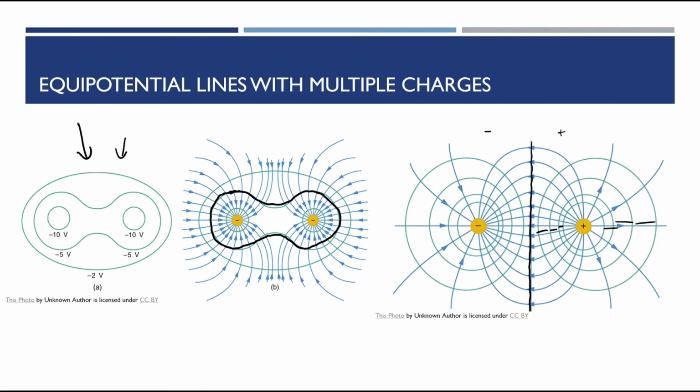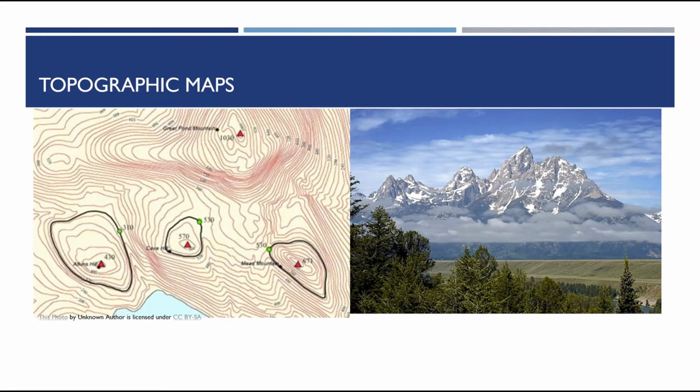So something that helps me to understand this or visualize this is a topographic map. If you guys have ever had to look at one of those before, it has all these crazy lines here. So the closer the lines are, that represents a greater change in elevation. So if we have really close lines, like in this area, we know that the terrain is pretty steep.